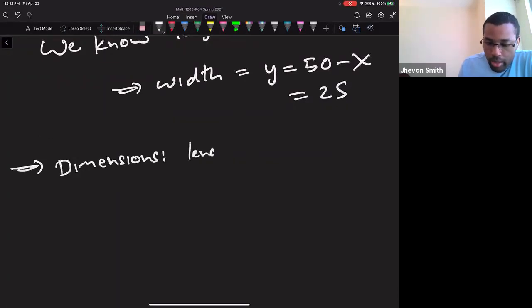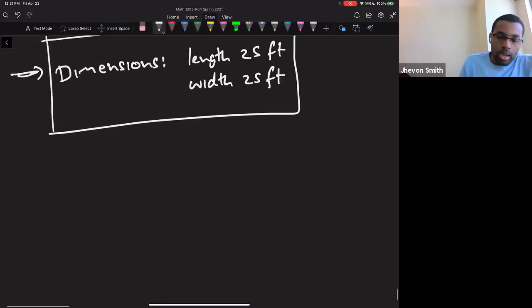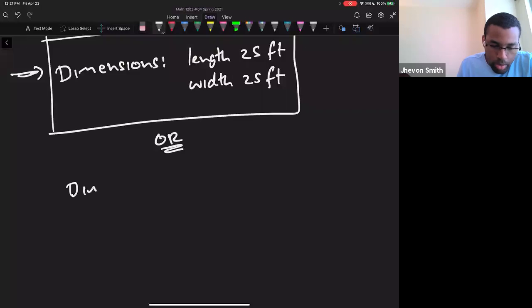Well, length 25 feet, width 25 feet. And this is how you would end the problem. That would be your final answer. But of course, you're going to show the work on how you got there. Another way to write dimensions, especially if it's like rectangles, rectangles are boxes. You can just do the multiplication notation.